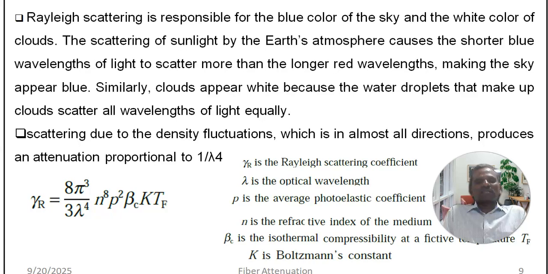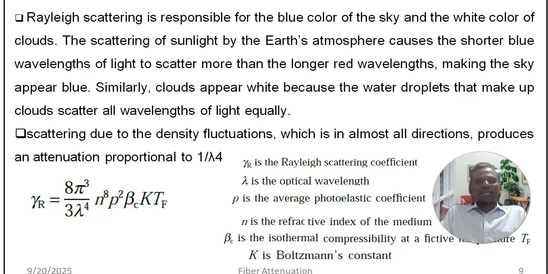The attenuation is directly proportional to 1 by lambda power 4. Here the Rayleigh scattering coefficient is equal to 8π³ divided by 3λ⁴ times n⁸ p² βc k Tf, where αR is the Rayleigh scattering coefficient, λ is the optical wavelength, p is the photoelastic coefficient, n is the refractive index of the medium, and βc is the isothermal compressibility at the fictitious temperature, which we call Tf, where k is the Boltzmann constant.